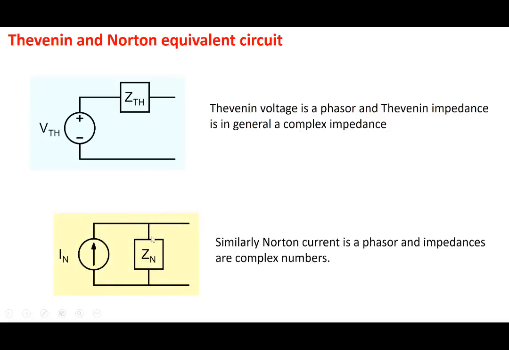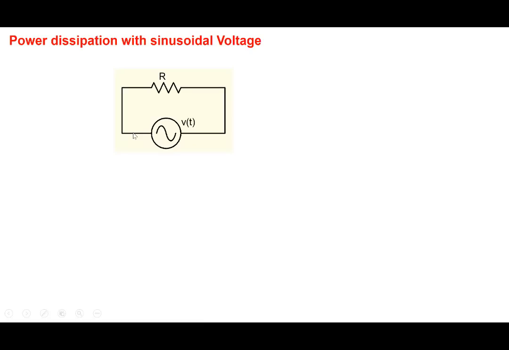Similarly, Norton's current would also be a phasor current, and there would be a complex impedance, Norton's impedance, which is nothing but the same as the Thevenin's impedance. So all those concepts can be applied, and that makes the analysis of sinusoidal circuits in steady state similar to the analysis of circuits that we did under DC voltages and currents. The only difficulty is that we have to handle complex numbers, and it involves a little bit more calculation.